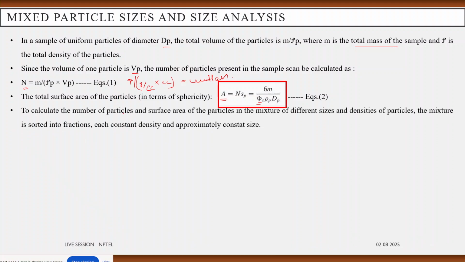To calculate the number of particles and the surface area of the particles in a mixture of different sizes and densities, the mixture will be sorted into fractions, each of constant density and approximately constant size.